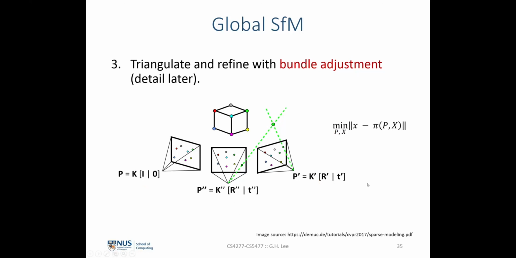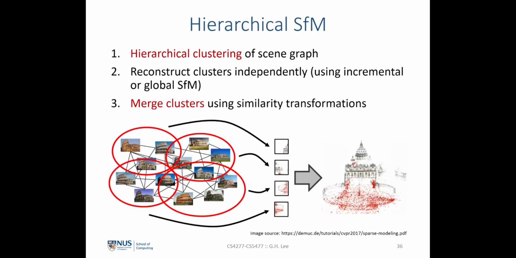Once we have obtained all the camera poses as well as the 3D points, we can apply bundle adjustment to refine the 3D reconstruction. More detail of bundle adjustment will be discussed. The third paradigm we will look at is hierarchical structure from motion. I'll very briefly go through this technique in today's lecture.